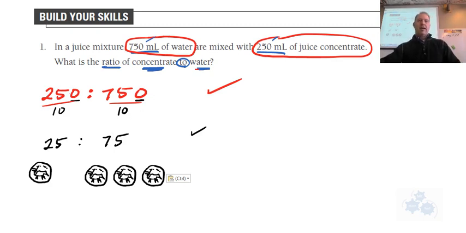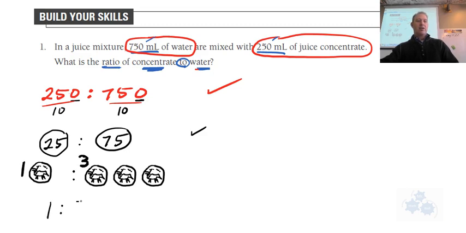So check this out. What's my simplest ratio here for these numbers? 25 to 75 simplifies to what? What's the hint? Yeah? Is that right? 5? Yes, you could divide them by 5. But watch this. If 25 cents represents 1 quarter and 75 cents represents 3 quarters, do you see that the simplest ratio here is actually 1 to 3?